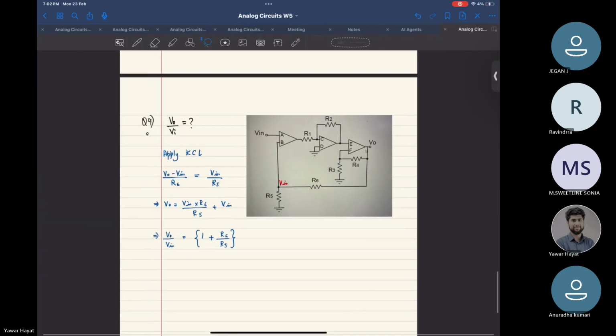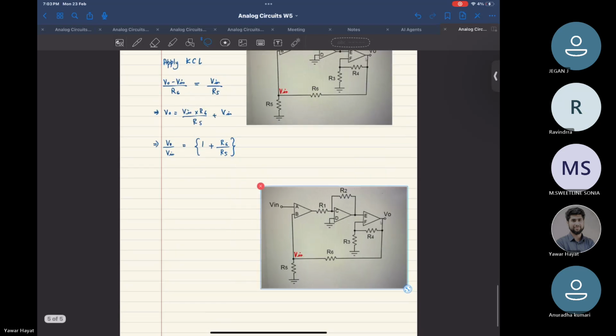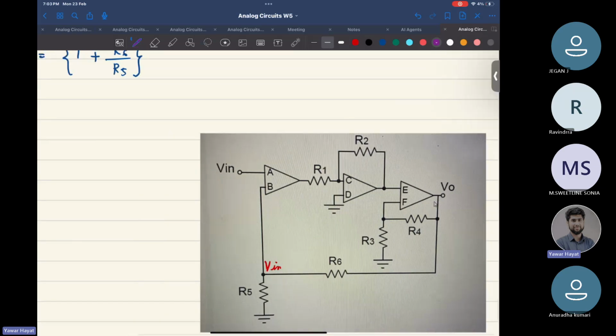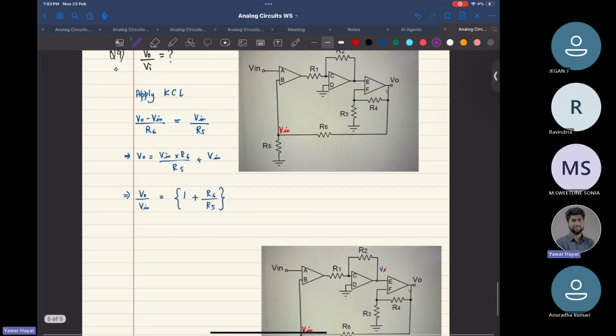Let me copy this. Suppose that this is Vx. Okay. What would be Vx by V input?